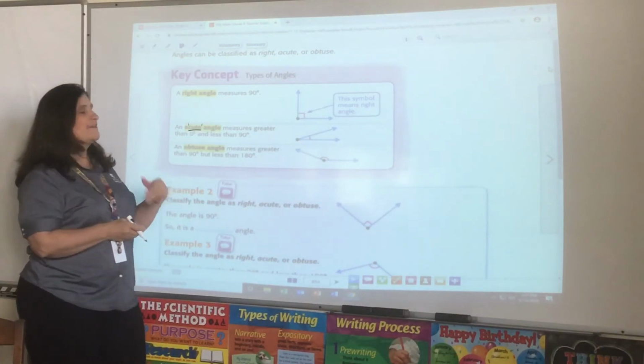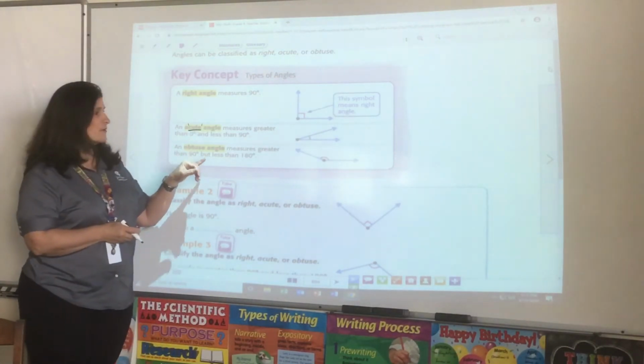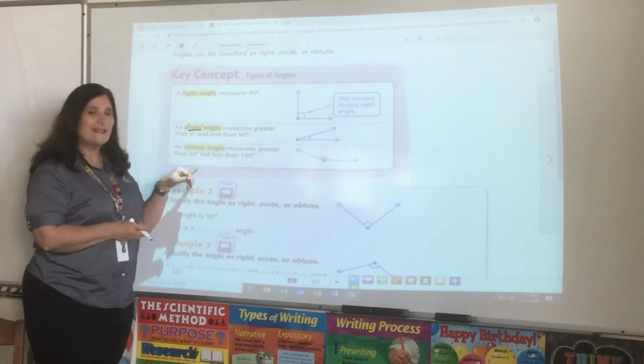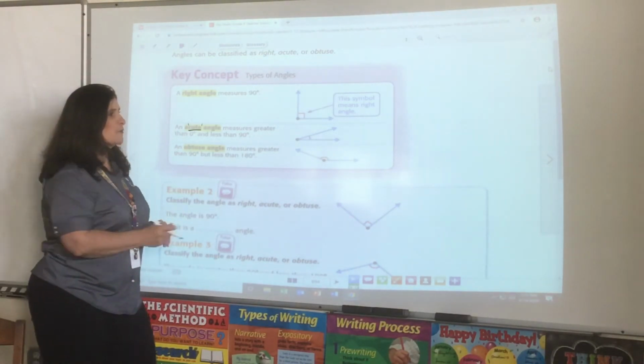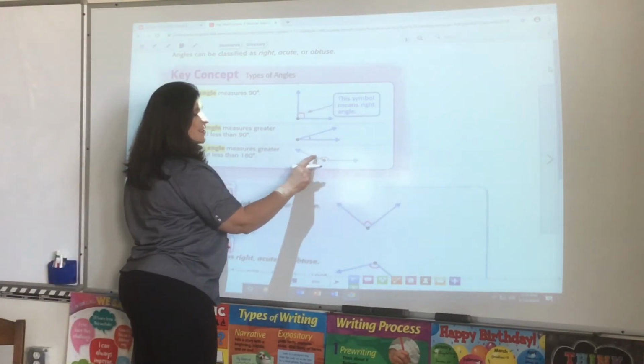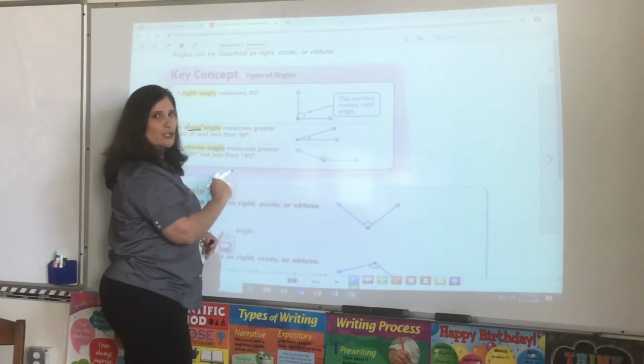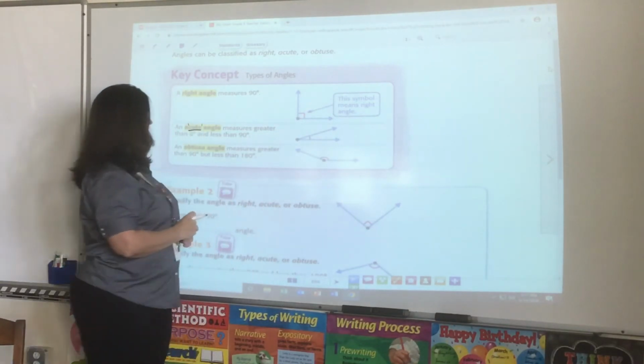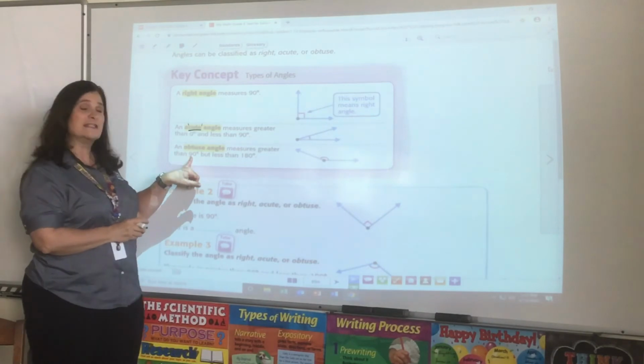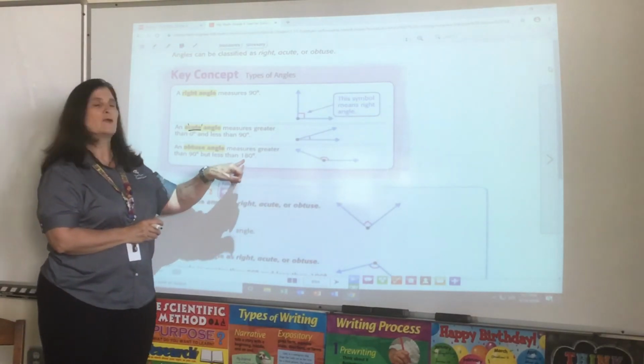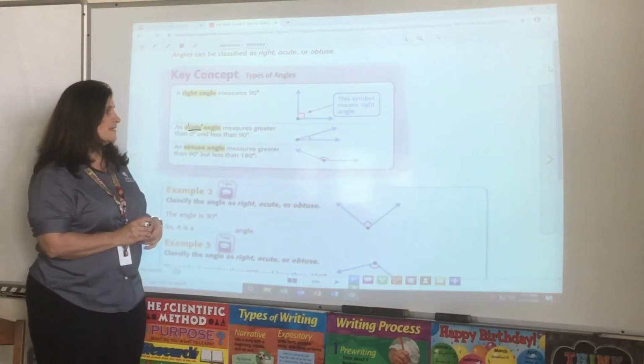Okay, so if you keep that in mind, an obtuse angle measures greater than 90 degrees. So we have the rays and the opening would be larger than a right angle. So it's greater than 90 degrees, but less than 180 degrees, okay?